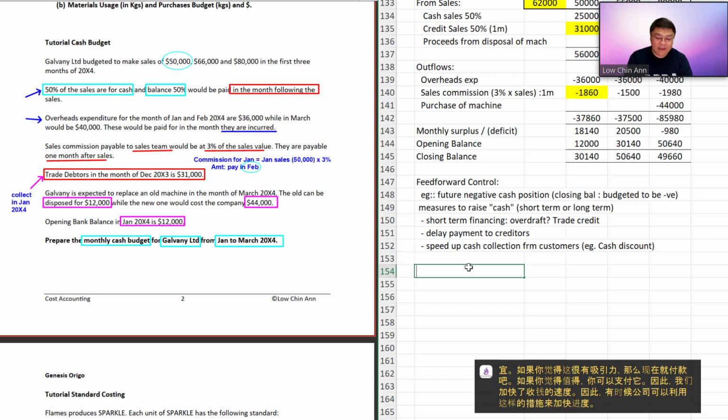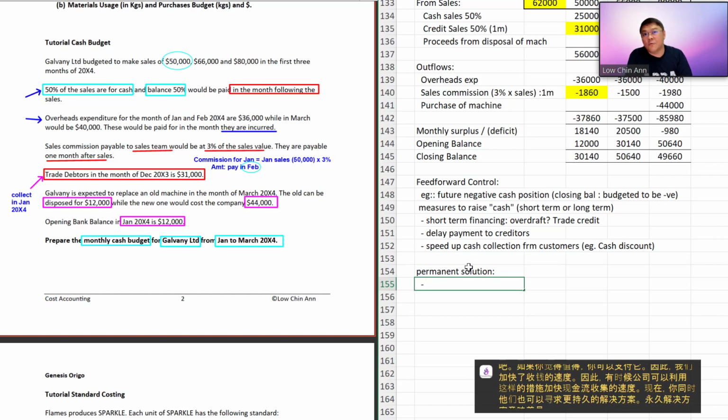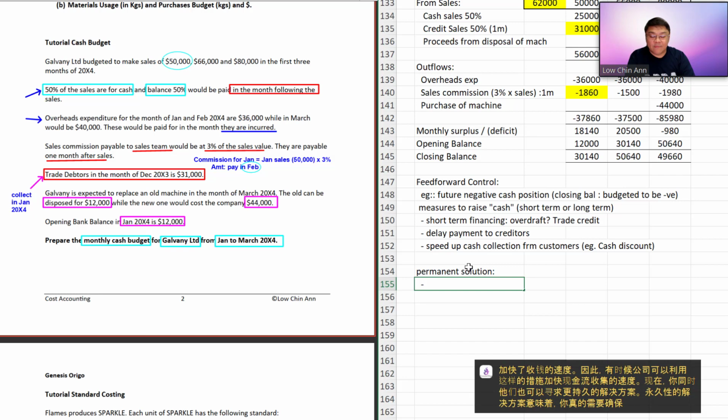Now at the same time, you can also go for a more permanent solution. Permanent solution means it's like you really need to make sure that the money will always be enough. Now that's long term. Of course, one thing is you have to make sure you must come to a monthly surplus.